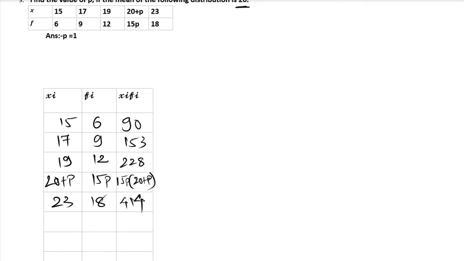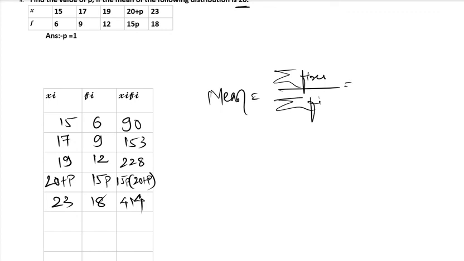Okay, so we have to find mean with the formula of sigma fi xi upon sigma fi, right? So what is sigma fi xi? Sum of all the numbers in the third column. So we have got 90 over here plus 153 plus 228 plus 414.